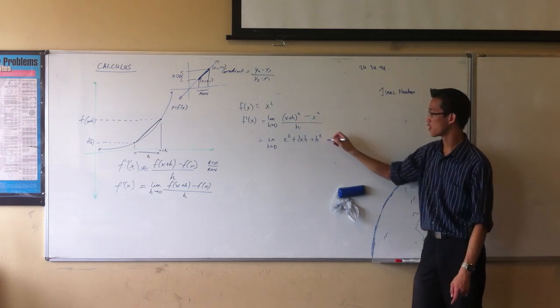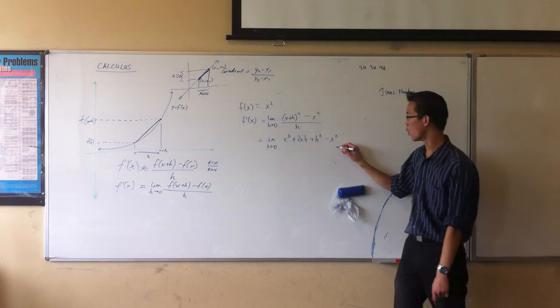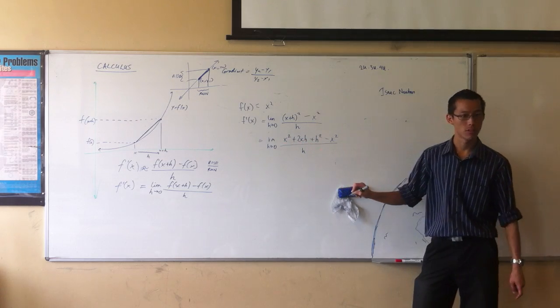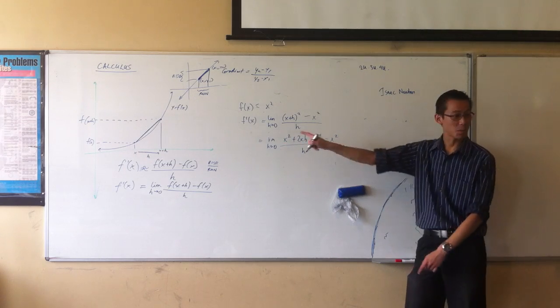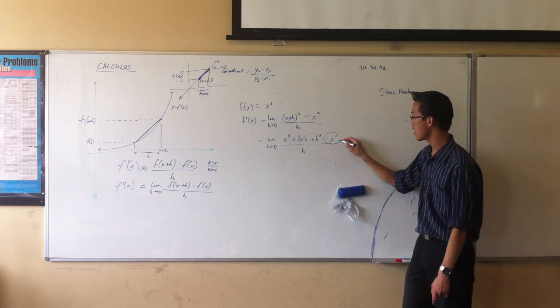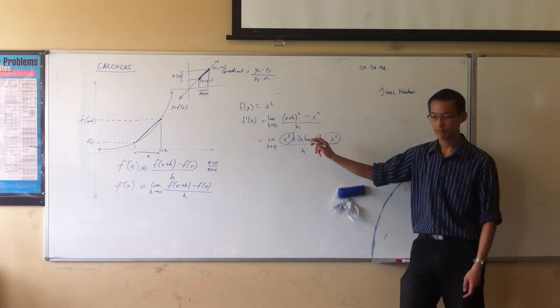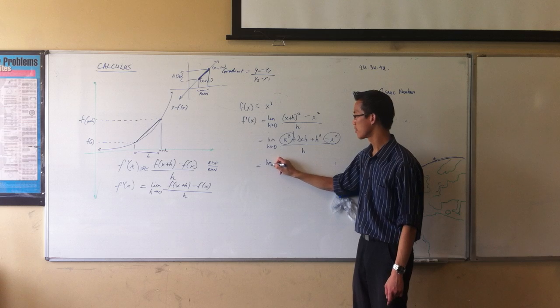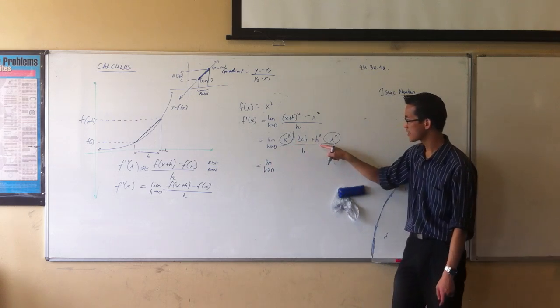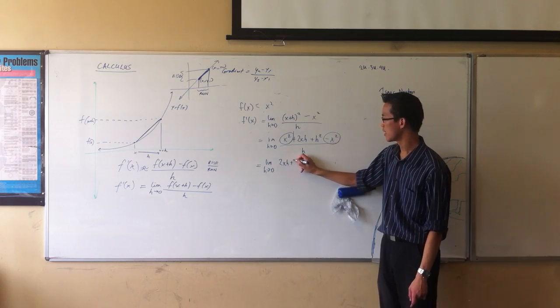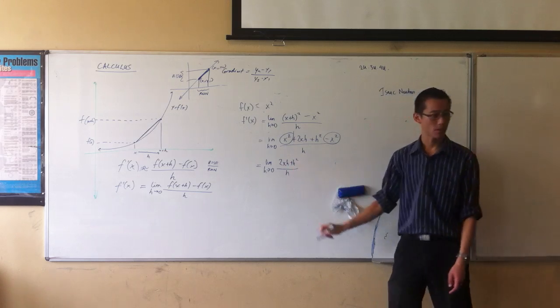There's the first part, and then I've got an x squared on the end. All of this is divided by h. Now you can see I've got some cancellation happening. This guy and this guy will cancel, which will leave me with 2xh and h squared.